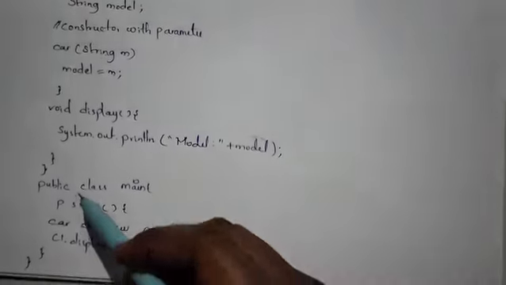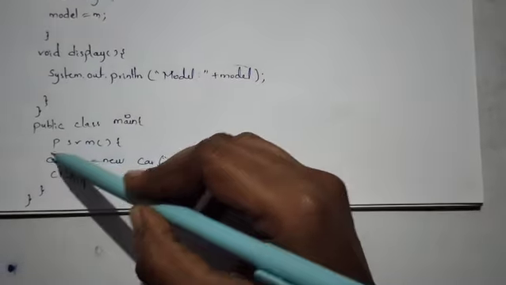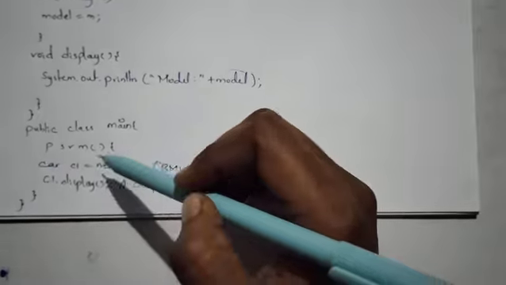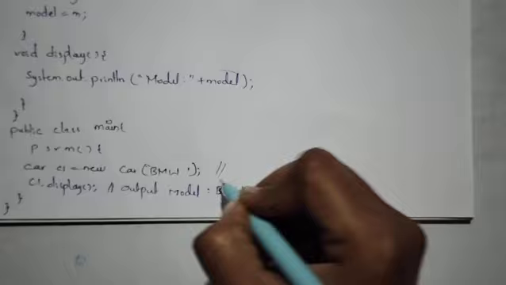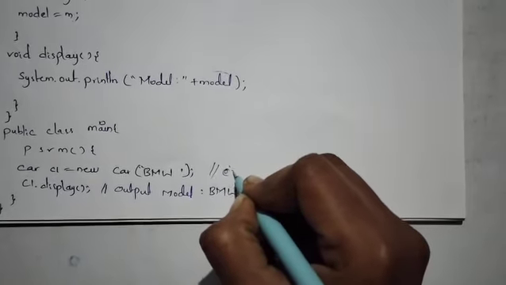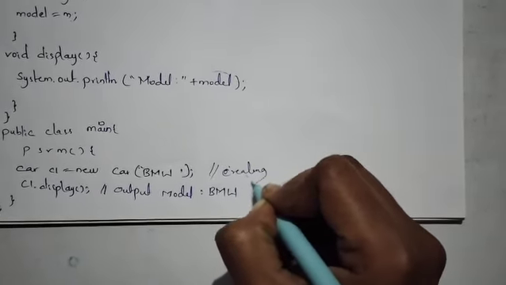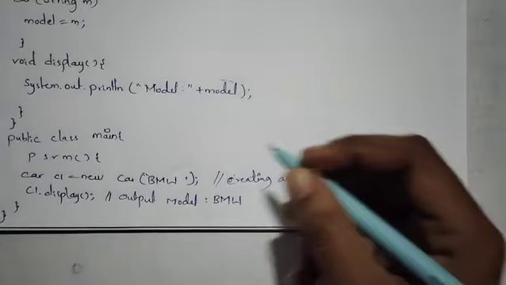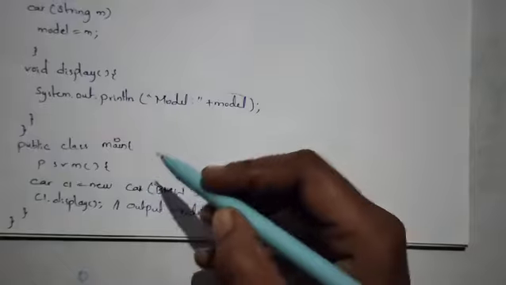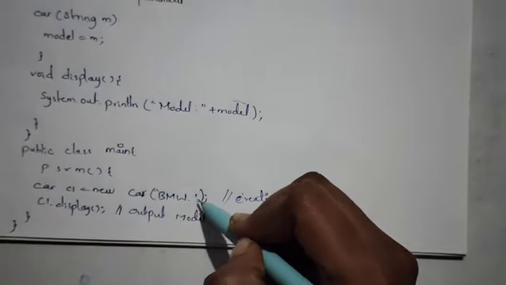And this is the entry point of the program, where we create the object. For a constructor you can pass the argument.